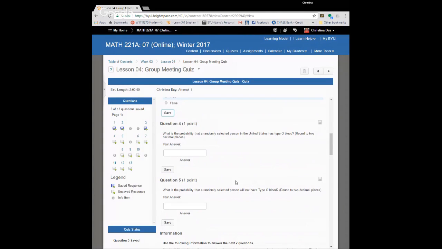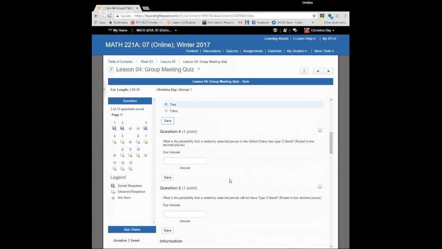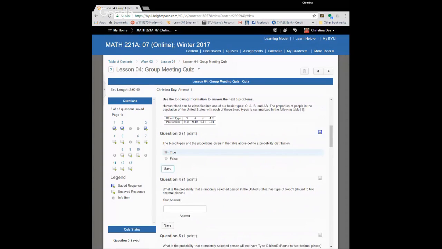What is the probability that a randomly selected person in the United States has type O blood? Round to 2 decimal places. So type O, the proportion is 0.45. And it's asking the probability.